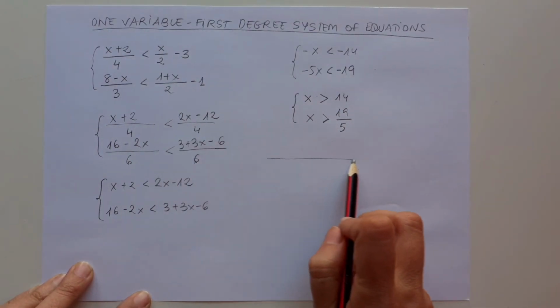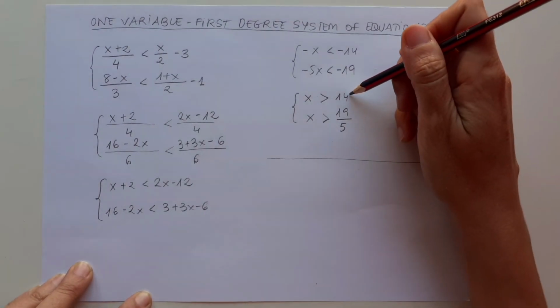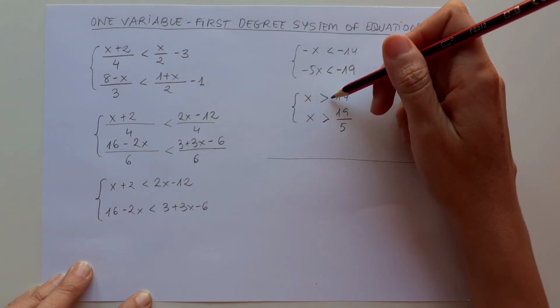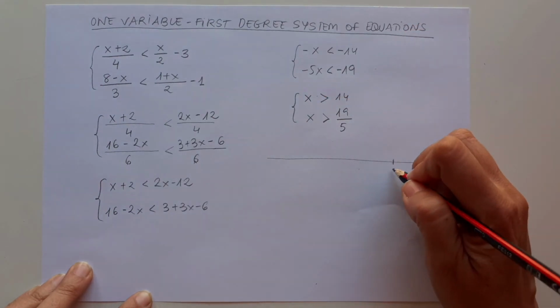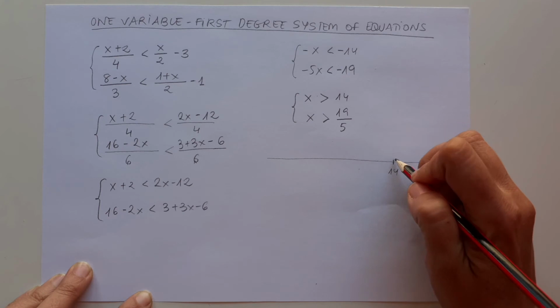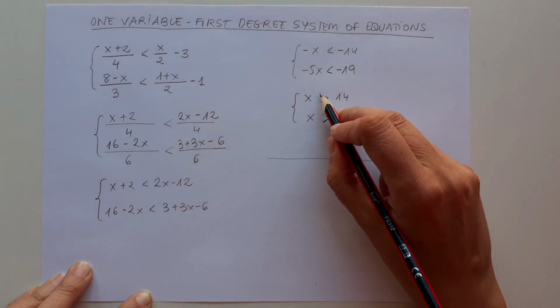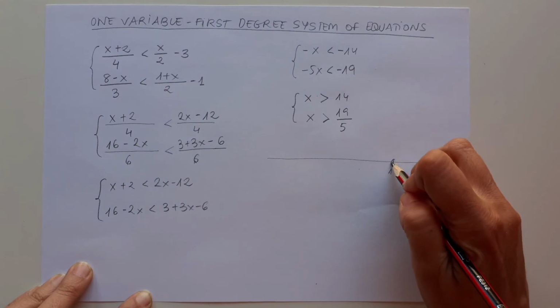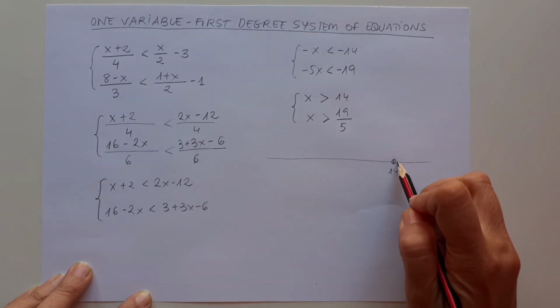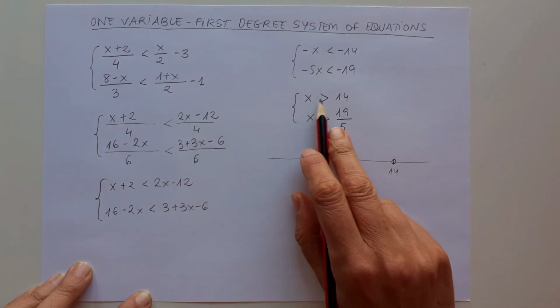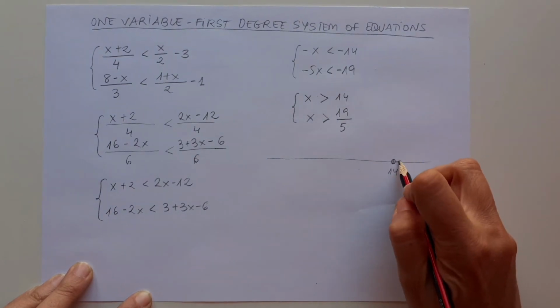So let's see. Following this inequality, my variable must be greater than 14. Let's say that 14 is here. So my variable cannot be 14, right? Because it is just greater than, not greater or equal to. So I drew a circle without coloring it, and numbers that are greater than 14 are to the right.